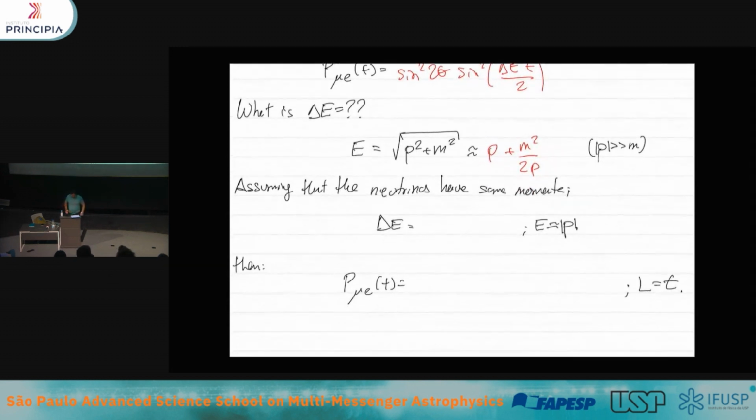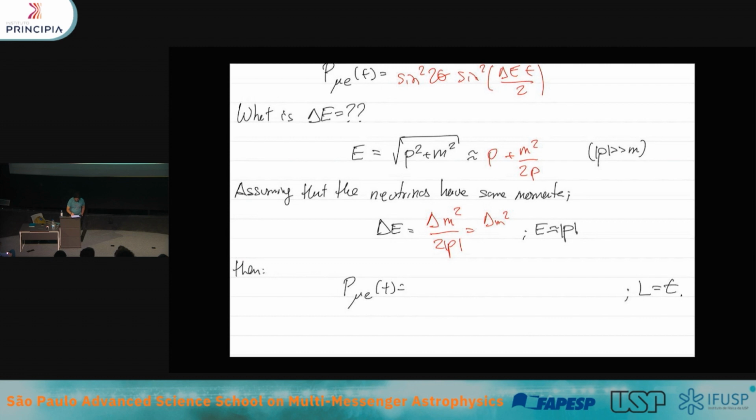And so then, that means that the energy difference of my states, assuming that the neutrino momenta are similar, is just the difference in mass squares divided by the momenta of the neutrino. And we often write that this is the mass square difference divided by 2 times the energy, or the mean energy of my neutrino beam.